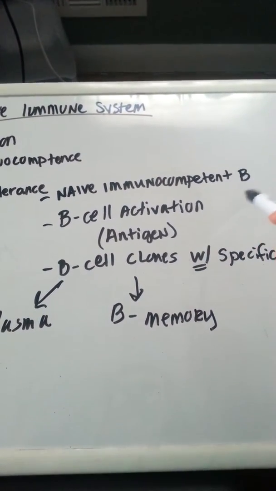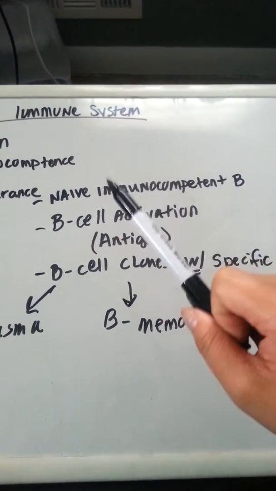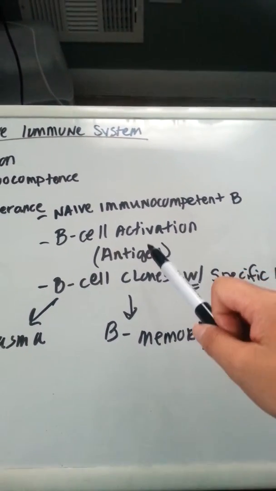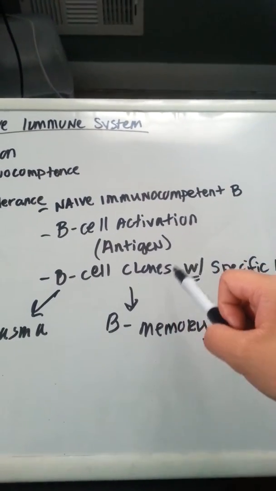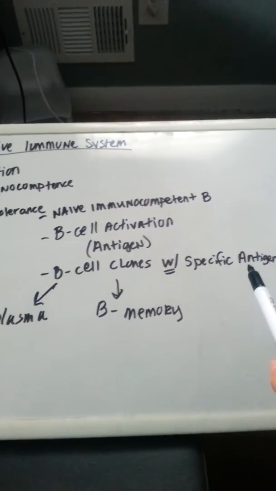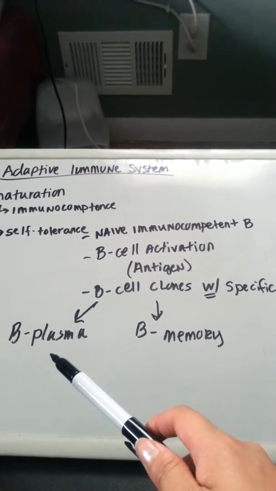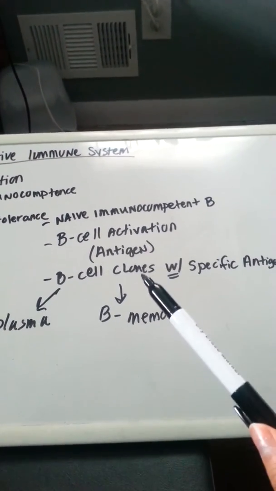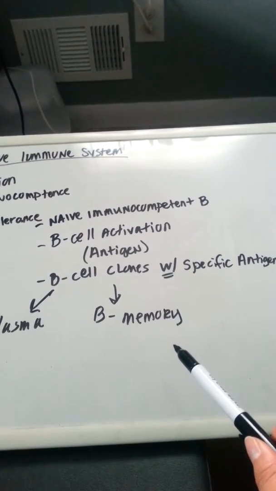I'm just talking about the B cells right now. It'll stay naive immunocompetent B until it is stimulated by an antigen, and then it becomes active. Then it clones with the specific antigen to become either the primary immune response, which is the B plasma, or the secondary immune response, which is B memory cells.